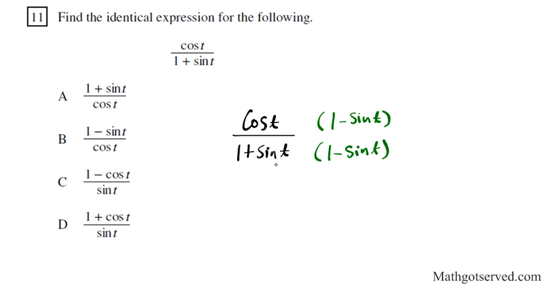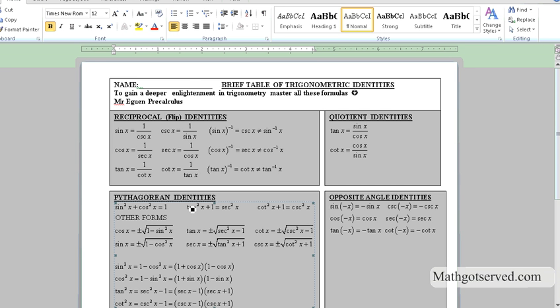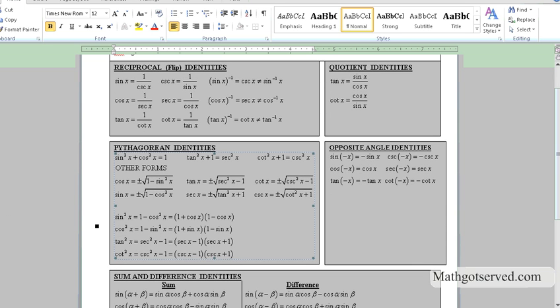You notice if I multiply 1 plus sine or cosine by its conjugate, I'm going to end up with one of these identities right here. So let's look at it. Notice for sine, you have a cosine and its conjugate.